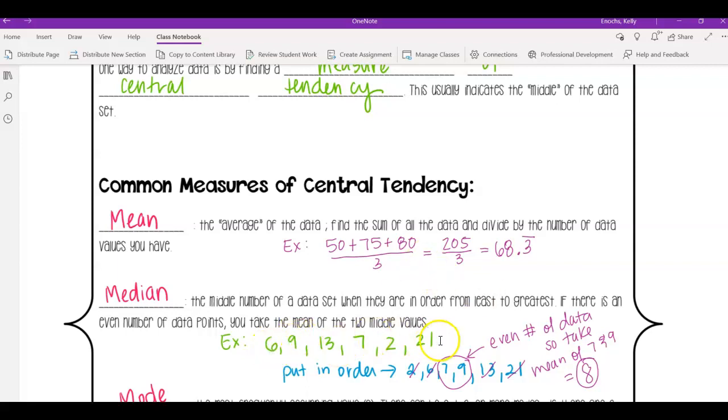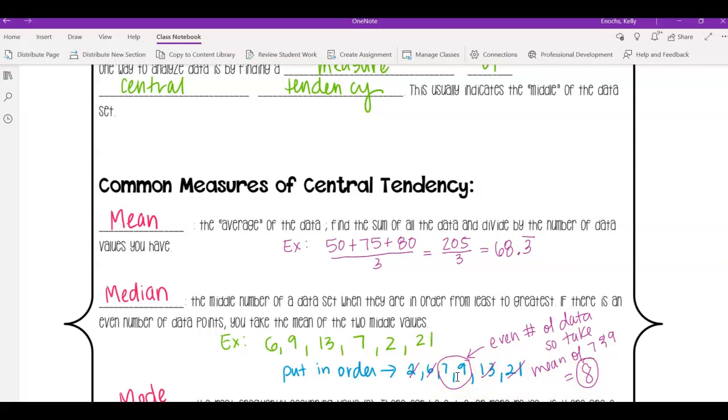So if this is my data set here, to find the median, first I need to put it in order, smallest to largest. And then I like to go through and just cross out first, last, second, second to last until I get to the middle. If you have two numbers in the middle, then you'll have to find the mean of that. So in this group, there was an even number of data points.